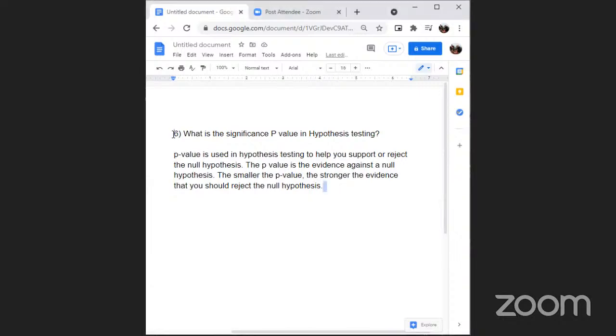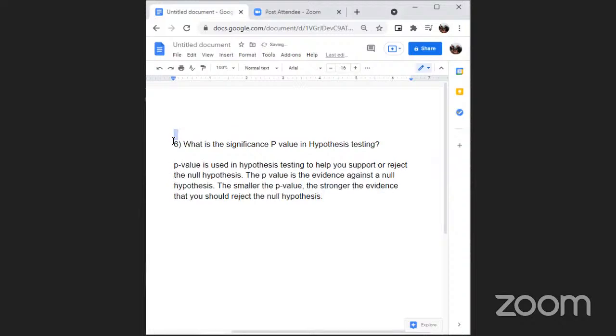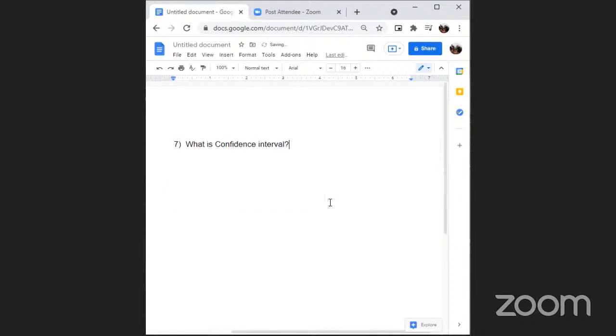All right. Hope this question has been copied and this will answer as well. Let's go to the next question, which is what is confidence interval? Let me wait for your answers.